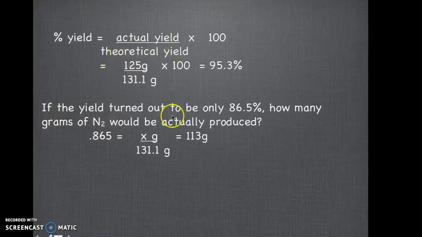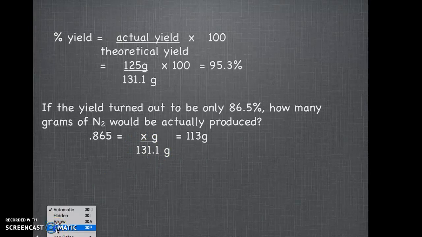And then we end up with this setup right over here. So we have 0.865, this is our 86.5% turned into a decimal, is equal to your actual yield. We don't know what it is, so we're going to put an x there, divided by the theoretical, which is 131.1. And to get to our answer here, all we're going to do is just multiply.